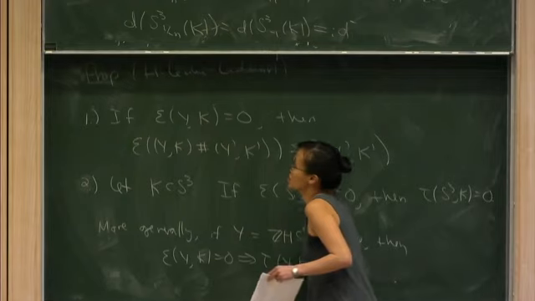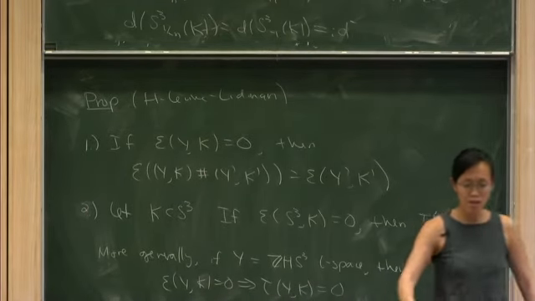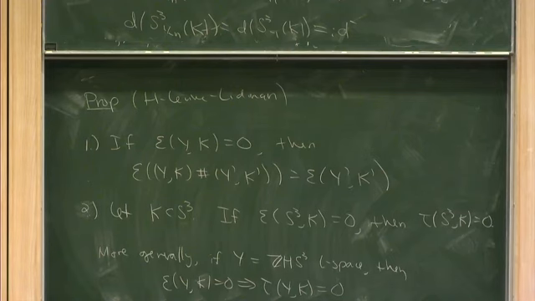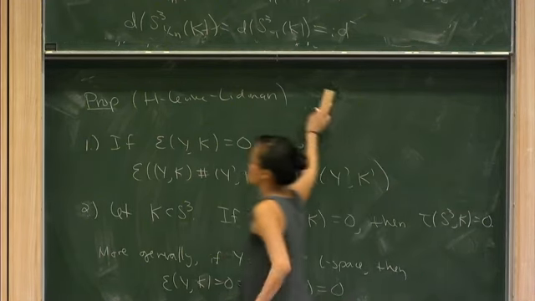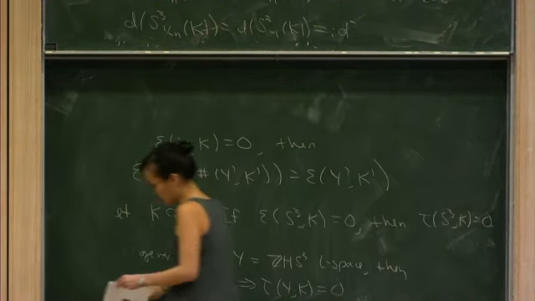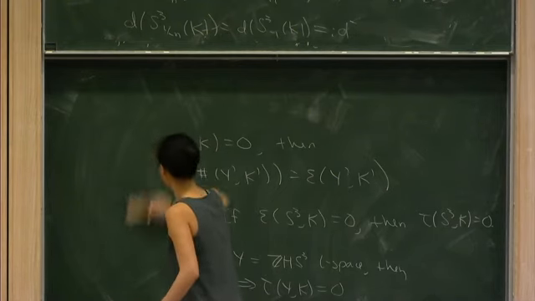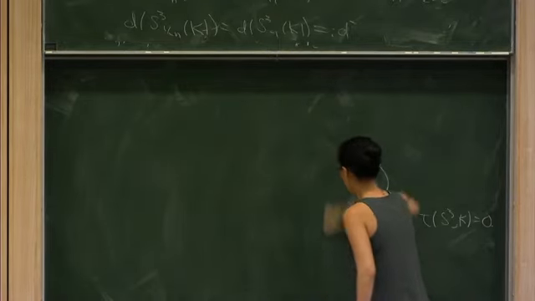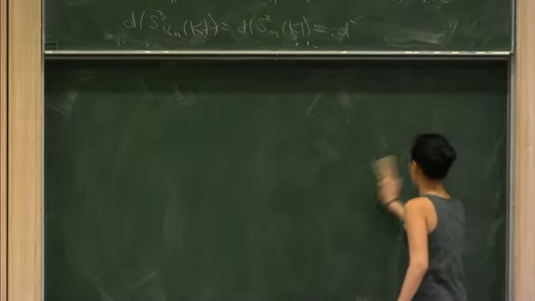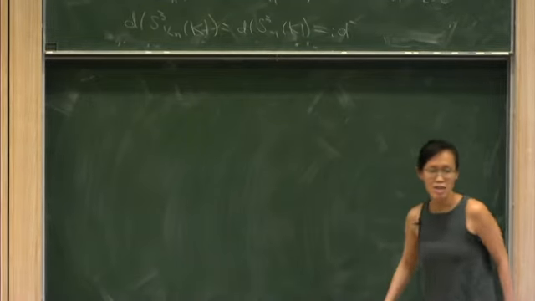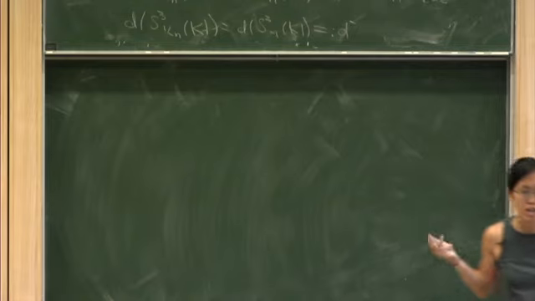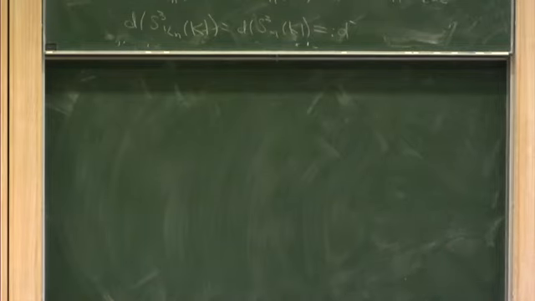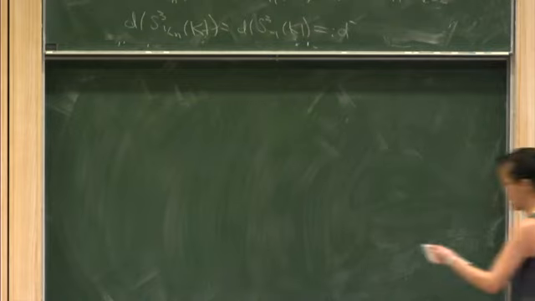So what does this proposition say? Instead of looking at the d invariant of a single surgery, let's look at the set of d invariants for 1/n surgery. What this proposition says is that when you look at that sequence, it can take on at most three different values, and it can only change when n goes from -1 to 0 or from 0 to 1.